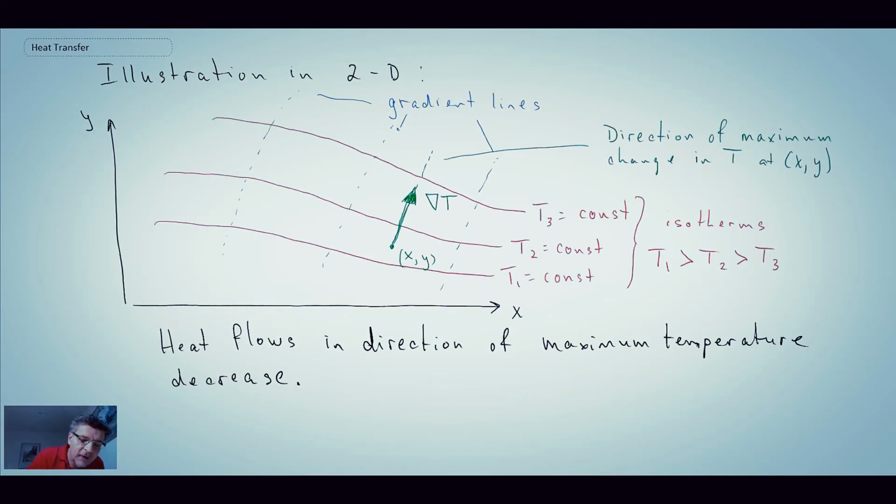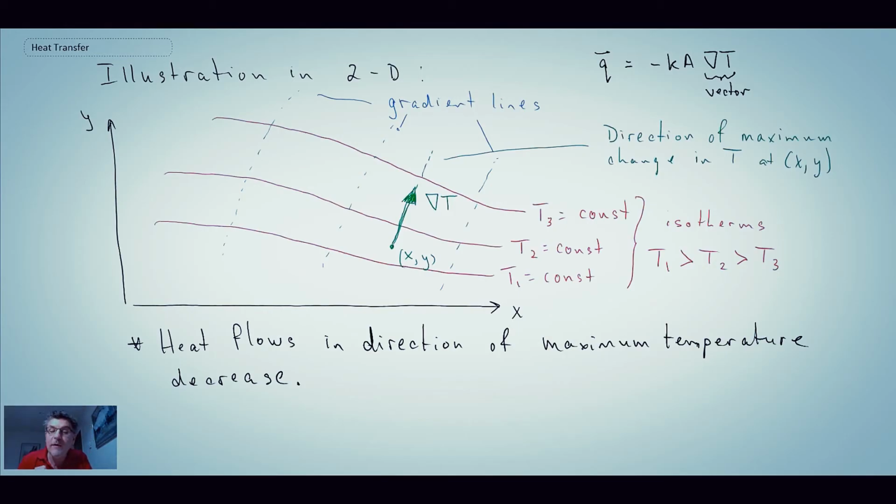Now, if we want to evaluate the heat flux, remember the heat flux is a vector because we had Q is minus KA gradient of T, and T is a scalar. This is going to give us a vector when we take the gradient operator of the scalar temperature field.